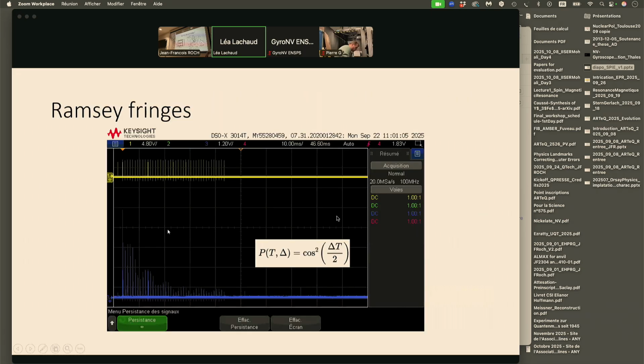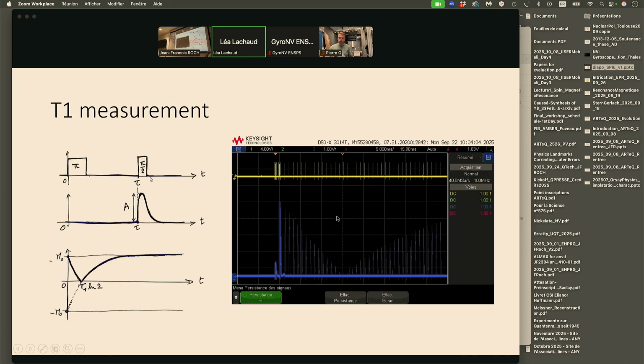So what we do basically is apply one last pi-half pulse, so that what happens in the Z direction, the magnetization growing progressively in the Z direction as the spins go back to thermal equilibrium, thanks to the second pi-half pulse, gets projected into the equator plane, and this we are sensitive to.